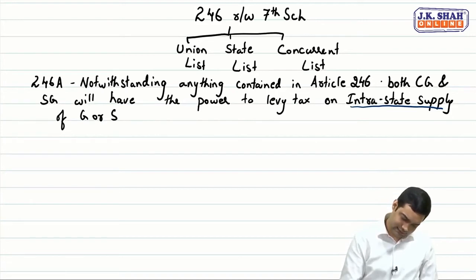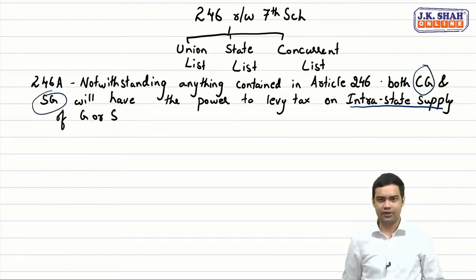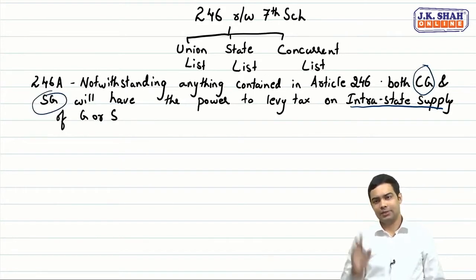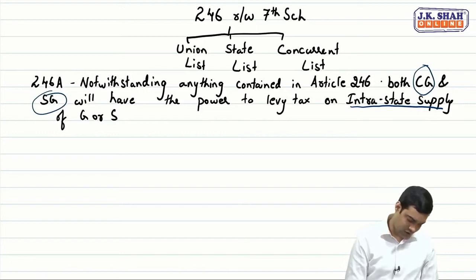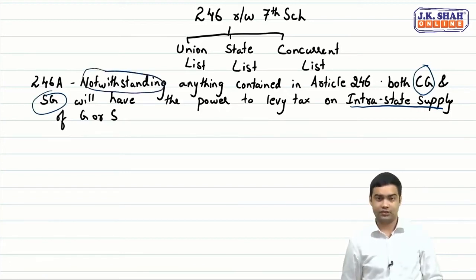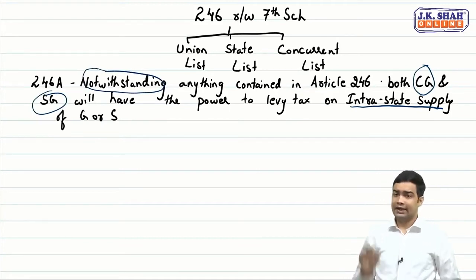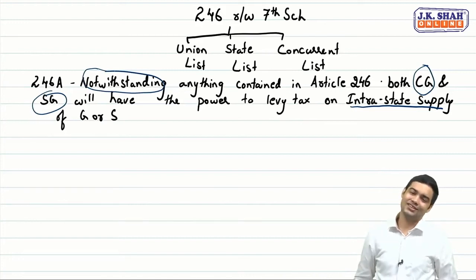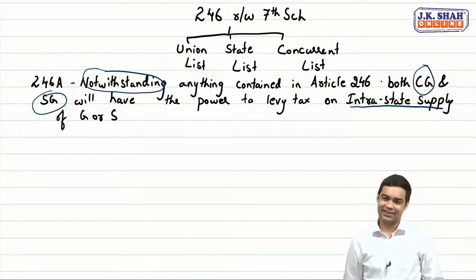Both central government as well as state government would have the power to levy taxes with respect to intrastate supply. And it very clearly says, notwithstanding anything contained in Article 246. So it's a very strong provision. And this is how the constitutional amendment was made and GST was introduced.